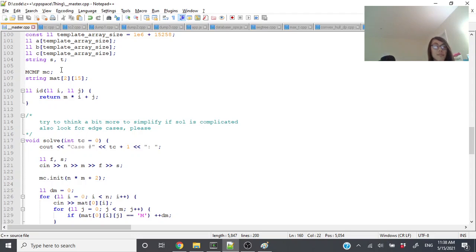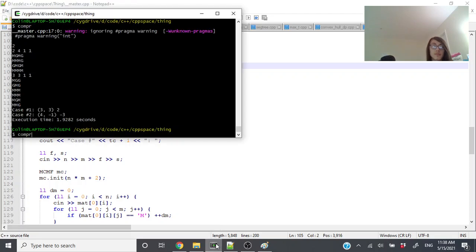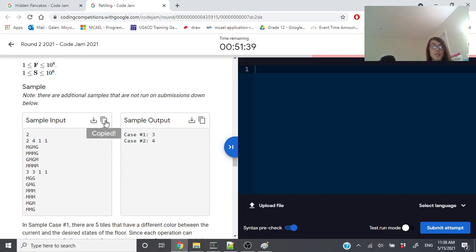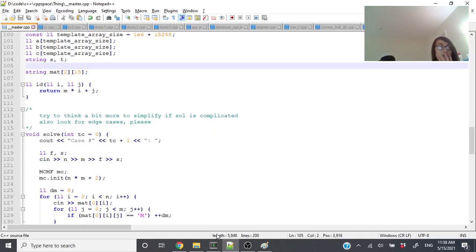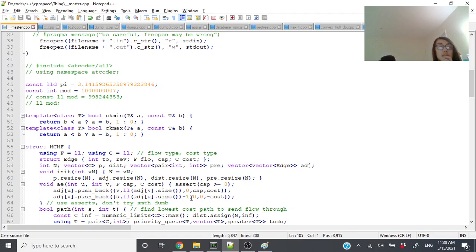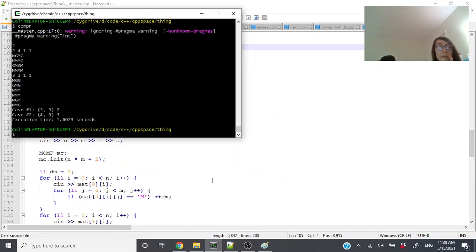Okay. Make this non-global, I guess. Is that a problem? Does that cause issues? I guess it does. Okay. It doesn't make sense why it would be, oh wait, because it's using resize, so we need to declare it every time.